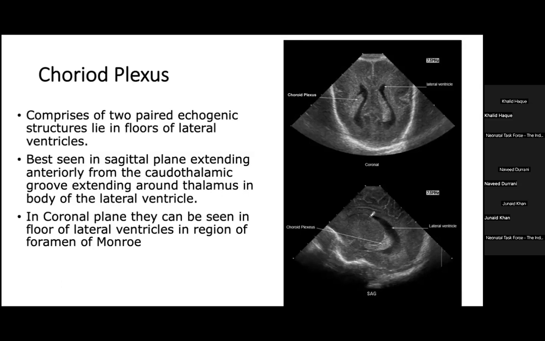This is a caudothalamic groove around the thalamus in the lateral body, while in the coronal plane they can be seen in the floor, as you can see here, and the black ones are the lateral ventricles. So in the sagittal plane, it extends from the caudothalamic groove and surrounds the thalamus. And we all know that these are important for producing the CSF.